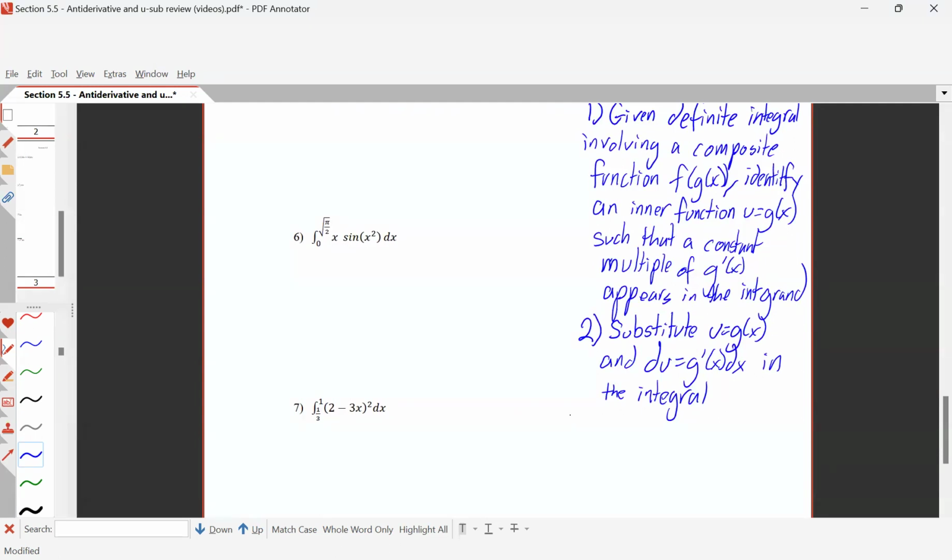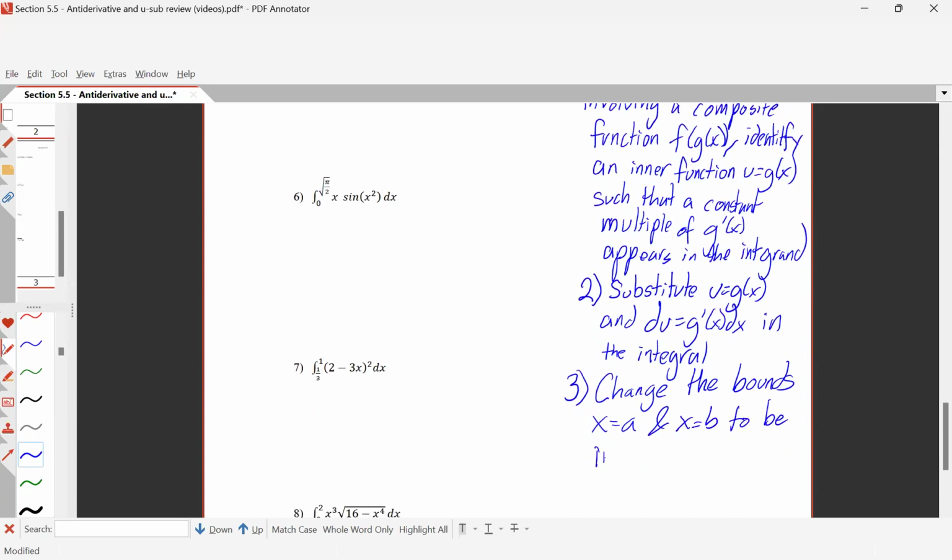So step 3 is a little bit different. We need to change the bounds, the lower bound and the upper bound, to be in terms of u by plugging them into our substitution.